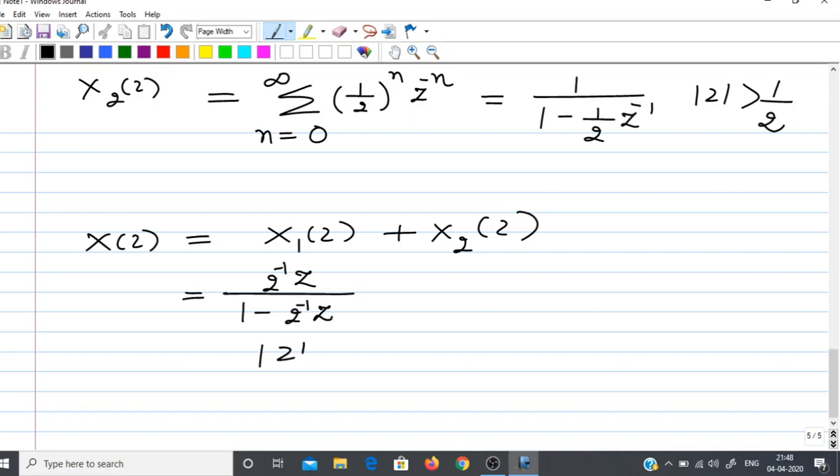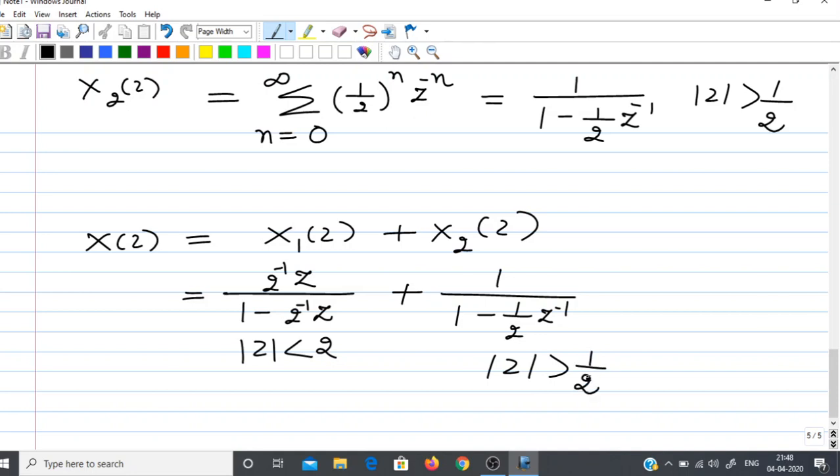Sorry, there is a correction. This is not for mod z greater than 2, but for mod z less than 2. And this x2(z) is 1 upon 1 minus half z inverse for mod z greater than half.